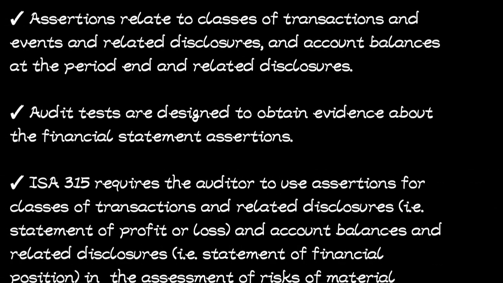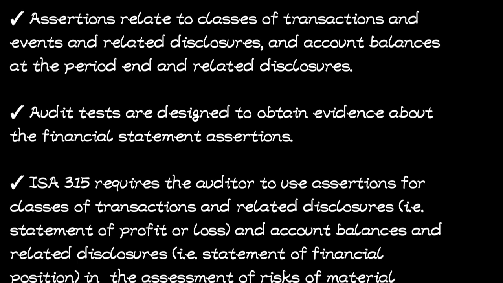Assertions relate to classes of transactions and events and related disclosures, and also account balances at the end of the period and related disclosures. So we are going to have two types of assertions.